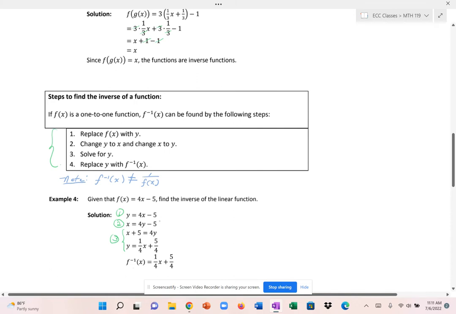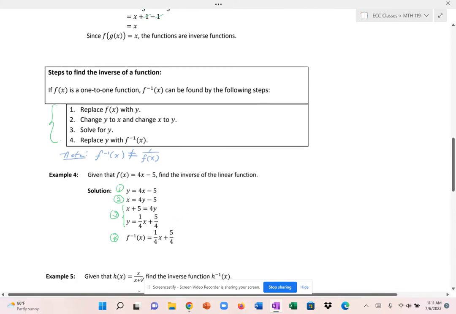So I added 5 over to the left side, and then I divided everything by 4, and I also rearranged it, so I put the y on the left. So I have y is equal to 1/4 x plus 5/4. And then step 4 is to change the y to f inverse, and so you have found the inverse function of the original, which is 1/4 x plus 5/4.